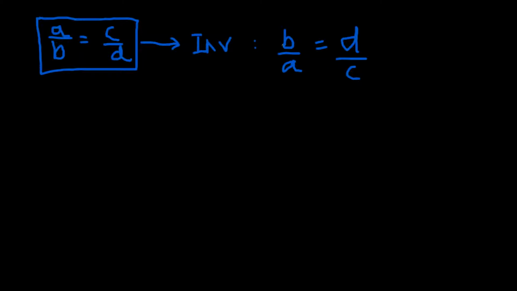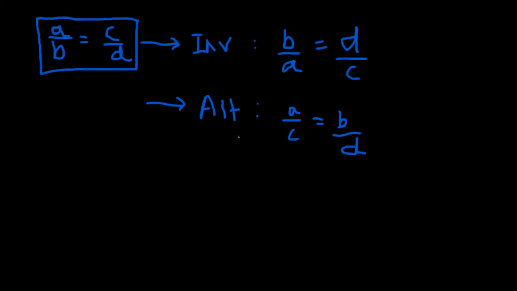Don't ask me why it's invertendo, probably derived from some Latin, Italian, I don't know, some word. Then there's alternando. Alternando is again, you're just switching terms. You're alternating the terms. So you just switch the B and the C. So you get A upon C is equal to B upon D.